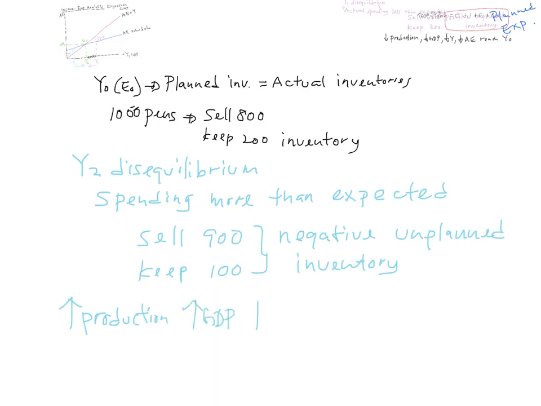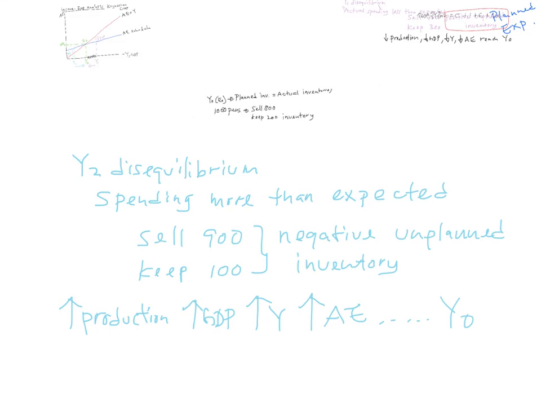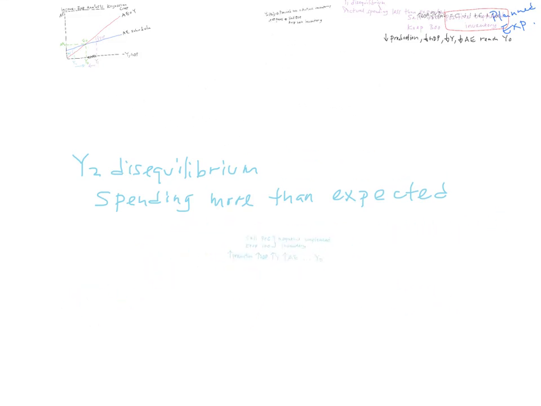As you are producing more, your income is higher. As your income is higher, you will start spending more. And this process will continue until you reach Y0. Put that on the graph. Move all of this away.